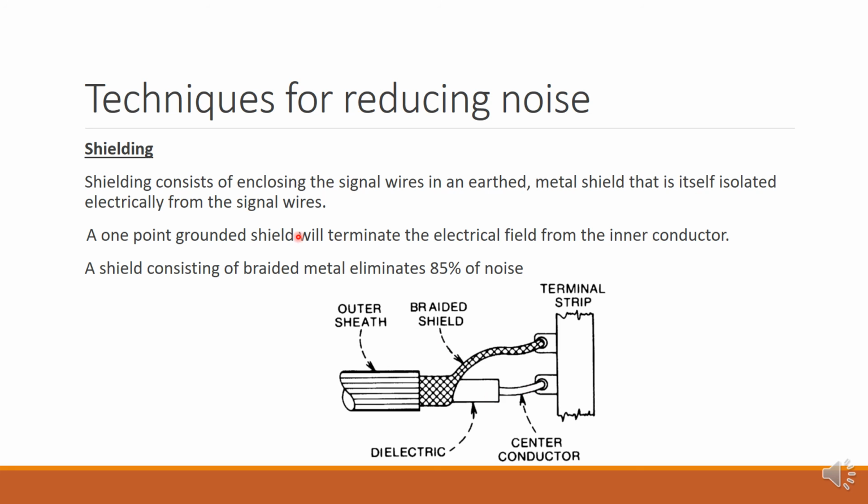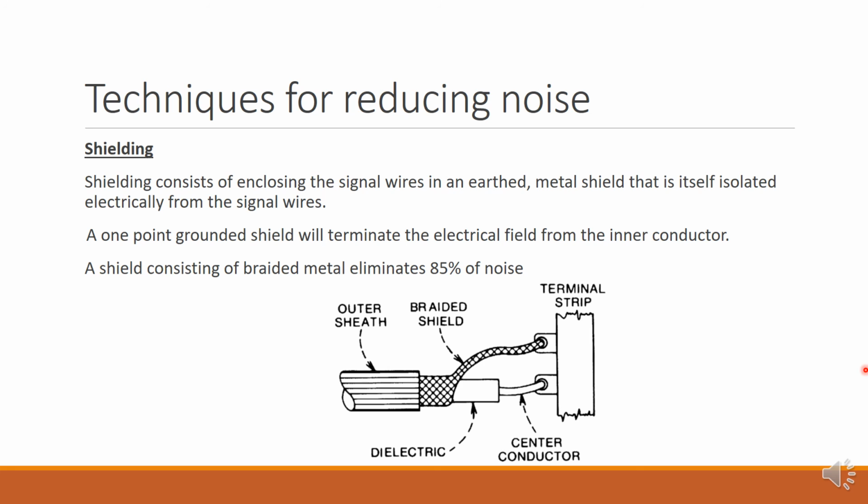Please bear in mind that only one point of the shield is grounded. This shield connected to ground will terminate the noise from the electrical field, and your inner conductor will be transmitting a very good signal.